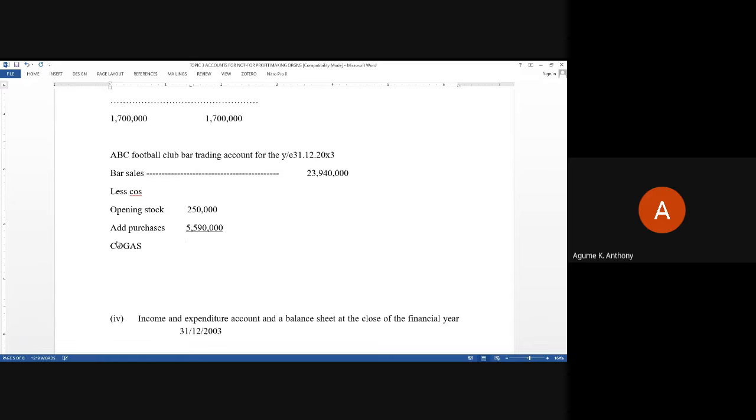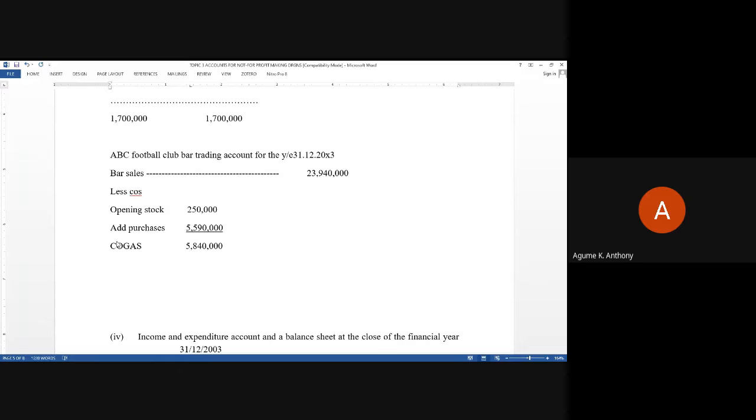The cost of goods available for sale in this case is 5,840,000. And it is on this that you less your closing stock, which is 160.